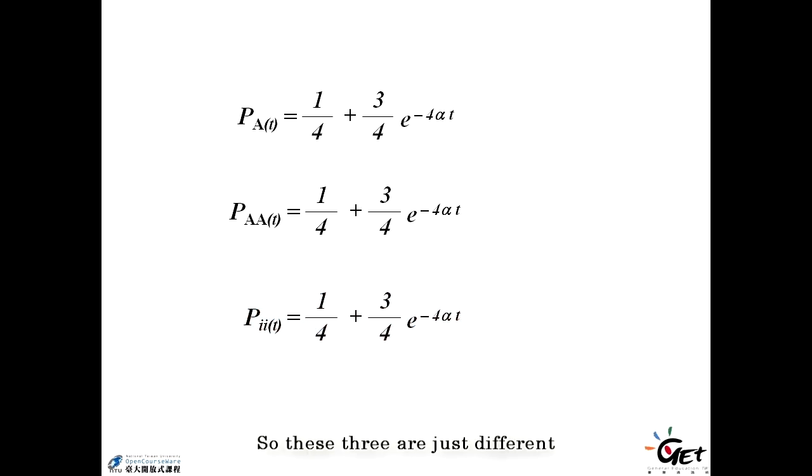So these three are just different expressions for the same formula. And the later ones are all the same because we only concern ourselves with alpha, the probability of change. So there's only one parameter here. So the Jukes and Cantor method also counts as a one parameter method.